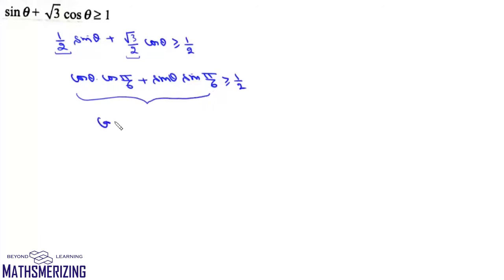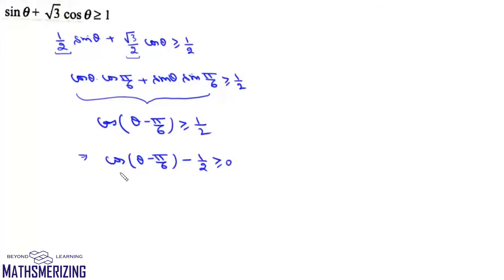So we can write cos of theta minus pi by 6 is greater than or equal to 1 by 2, or we can write this inequality as cos of theta minus pi by 6 minus 1 by 2 is greater than or equal to 0.